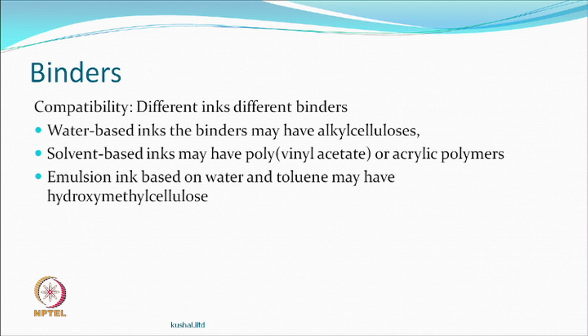The emulsion inks, which they use with water and toluene, may have another chemical binder like hydroxymethyl cellulose. So, you have something which is compatible with most of them. If you have incompatibility, then there may be precipitation. Whenever you have incompatibilities, you get precipitation. What you need is a nicely dispersed, free flowing ink.